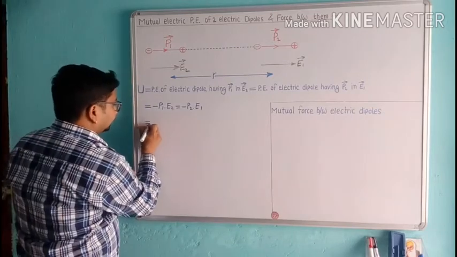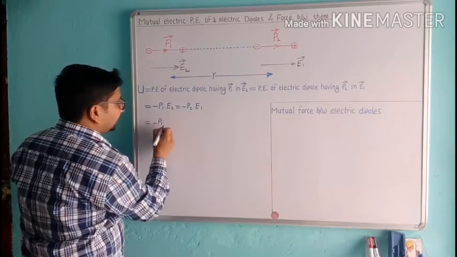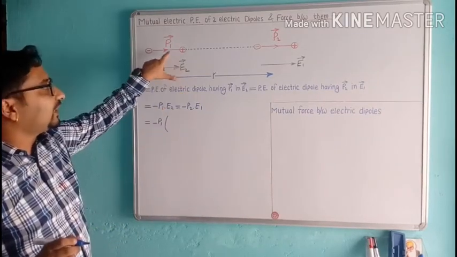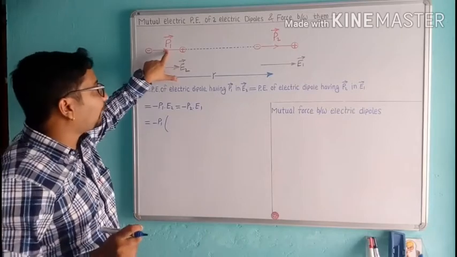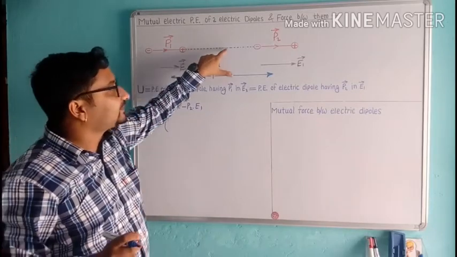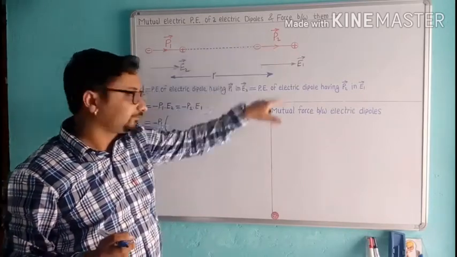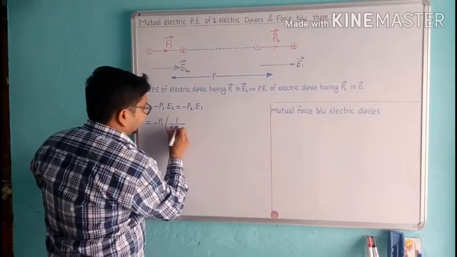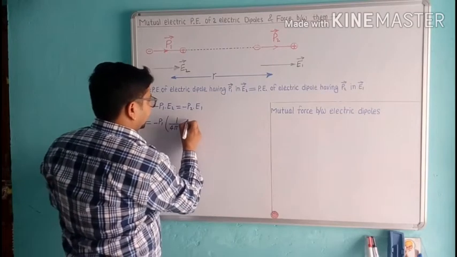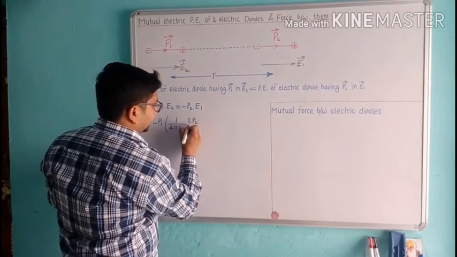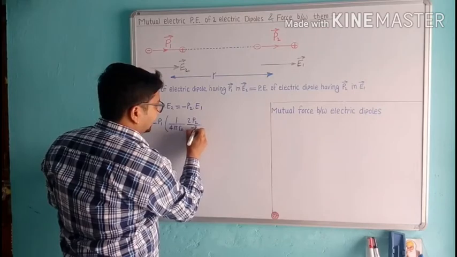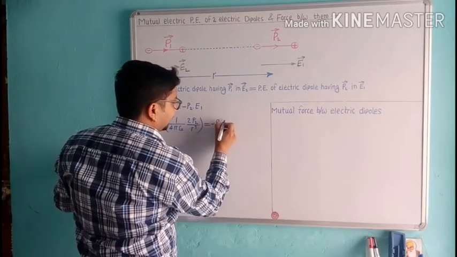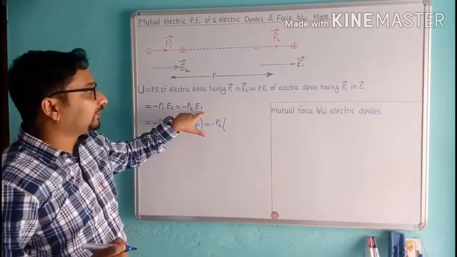Okay, now minus P1 E2. E2 is the electric field intensity at a point on the axis of this electric dipole. So by using the formula we get 1 upon 4 pi epsilon naught 2 P2 upon R cube is equal to minus P2 into, now E1.